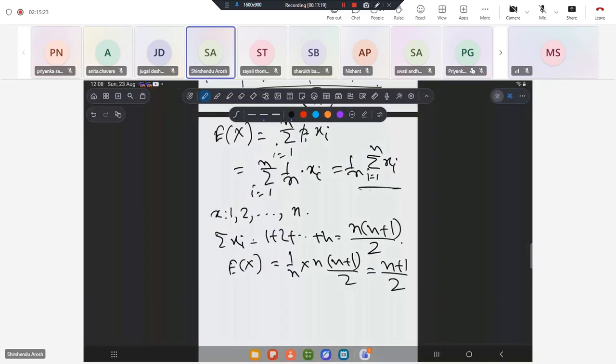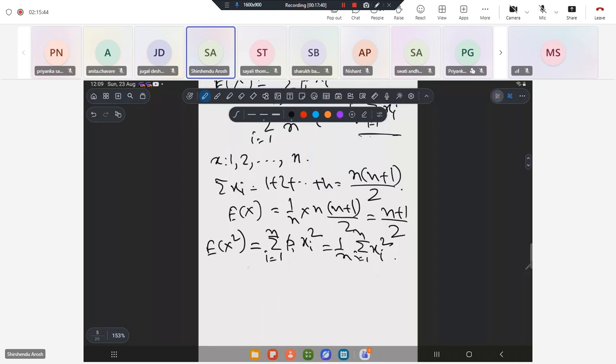Similarly, if I go for the variance part, E of x square would be the summation of pi into xi square, which is 1 by n times the sum of x square. We have to do this same for 1, 2, 3 and so on.